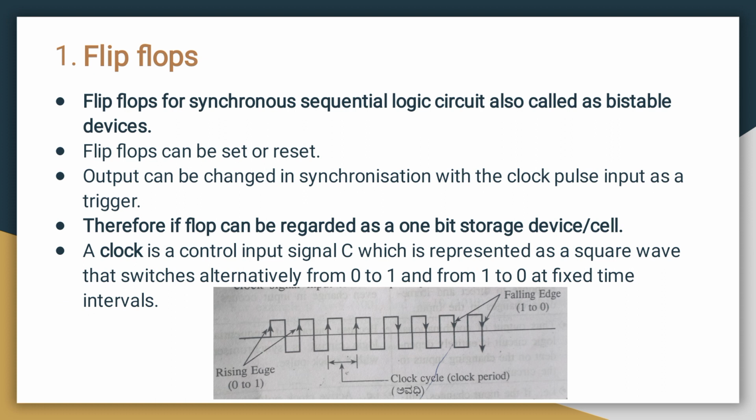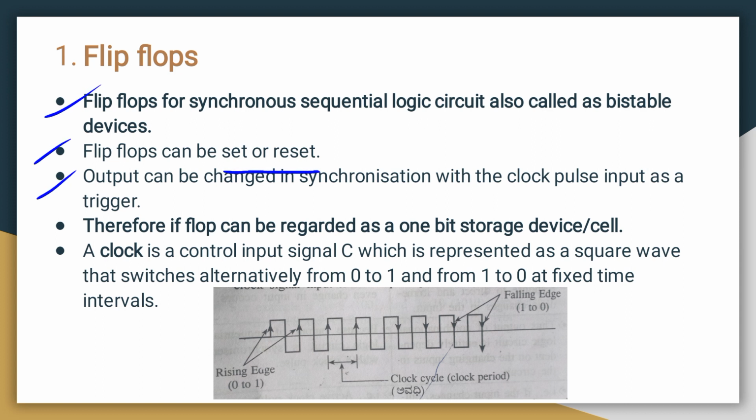The first one is flip-flops. Flip-flops are synchronous sequential logic circuits, also called bistable devices. We already studied this in the introduction part. It is synchronous, which means it requires a clock pulse to trigger. Again, it is bistable, which means it consists of set and reset.